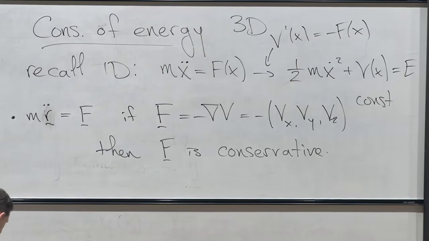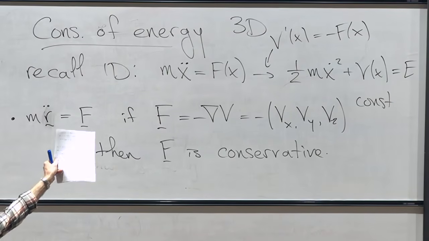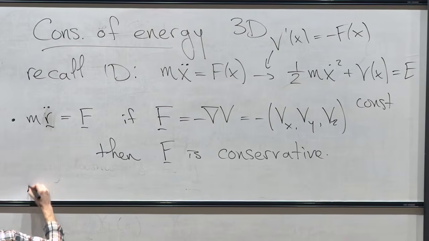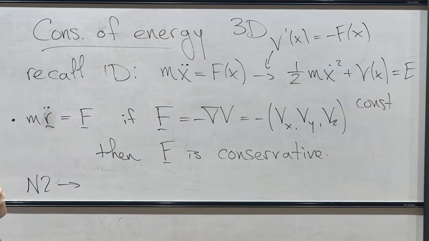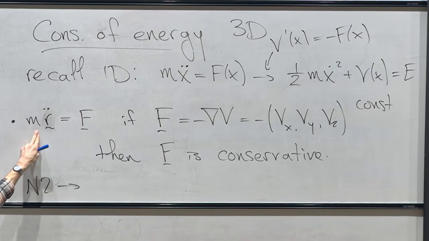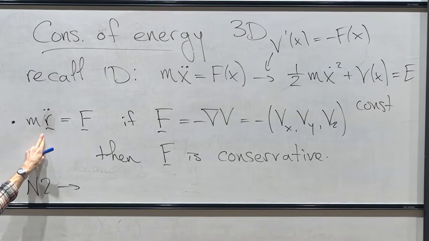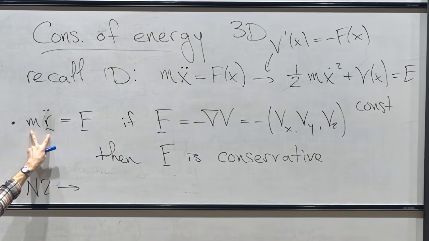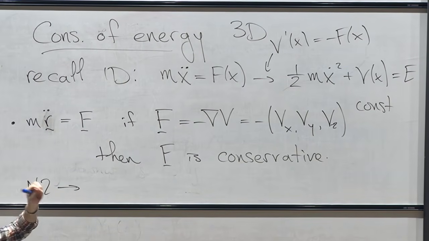And then I make the same kind of steps there. If I take Newton's second law in this form, now I imagine dotting both sides of the equation with r dot. And m r double dot dot r dot is d/dt of 1/2 m r dot squared.